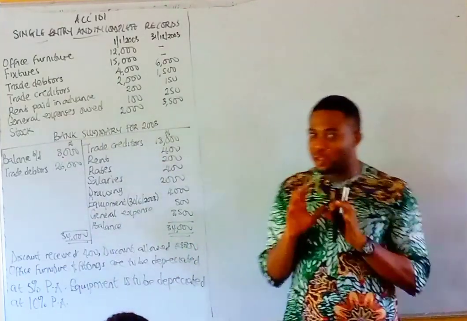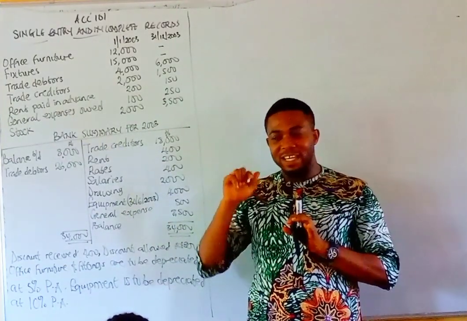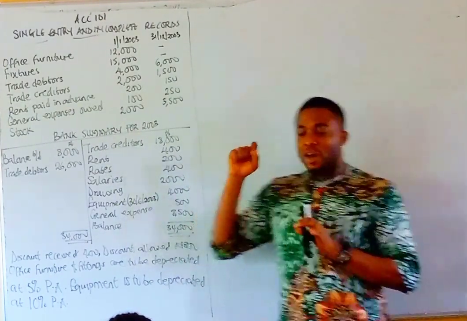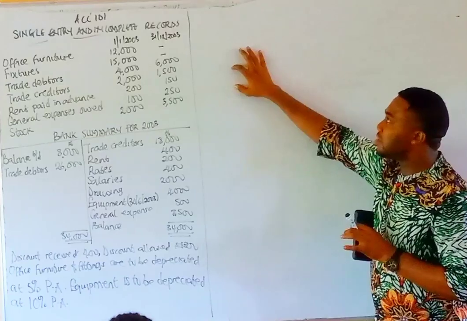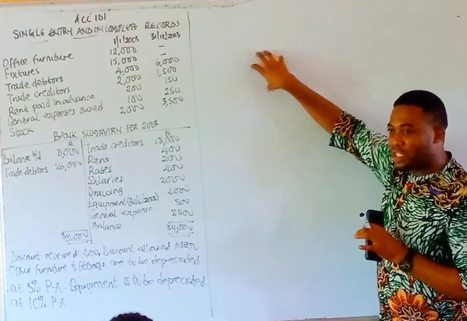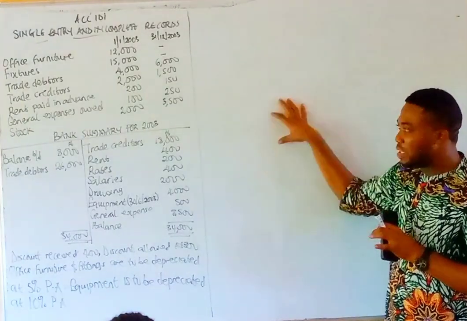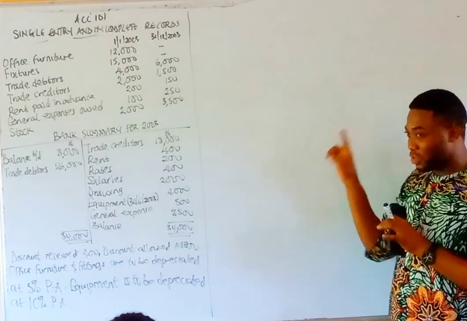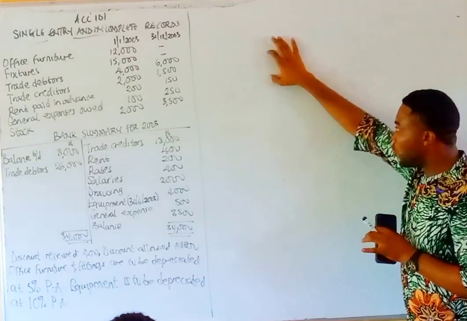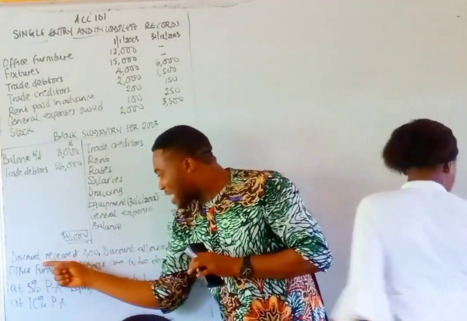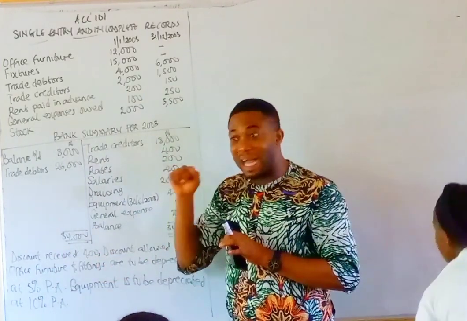If you were paying attention in the last class, when I was solving accounts for non-profit, I did the purchases ledger to get credit purchases, because we didn't do the sales ledger since we already had the sales.